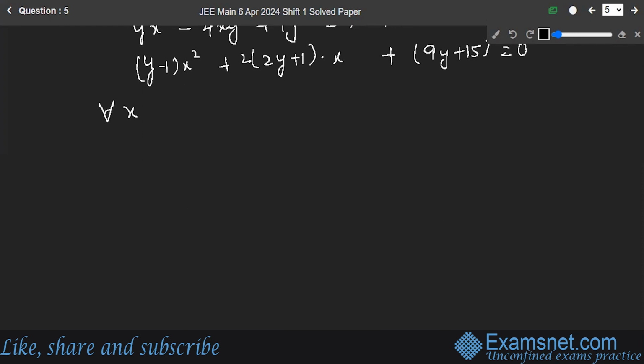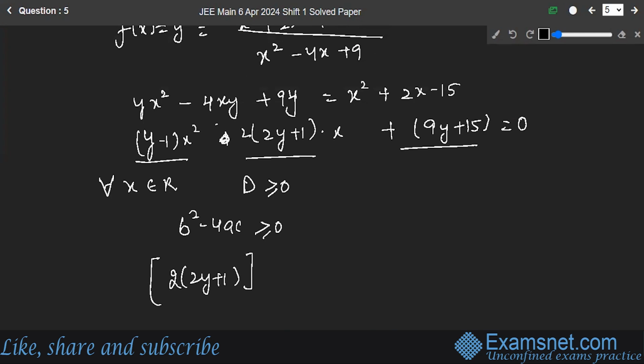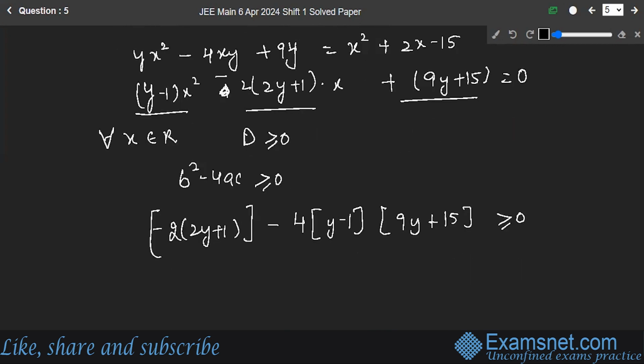Now for all x that belong to real numbers, the discriminant will be non-negative. That means b square minus 4ac for this equation will be non-negative. What is b? This is a and this is c. So that means 2 into (2y plus 1), minus, whole square, minus 4 into a into c is greater than or equal to 0.